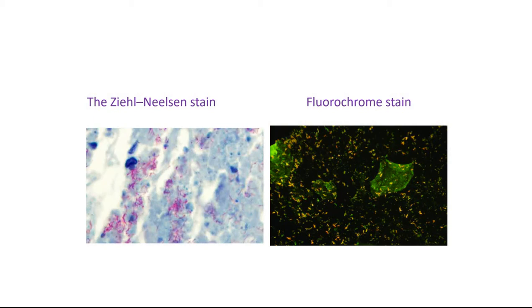These red sticks are Mycobacteria tuberculosis. And if you use fluorochrome stain, you will see a black background and fluorescent sticks on it.